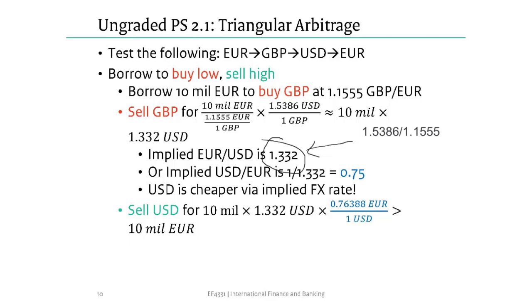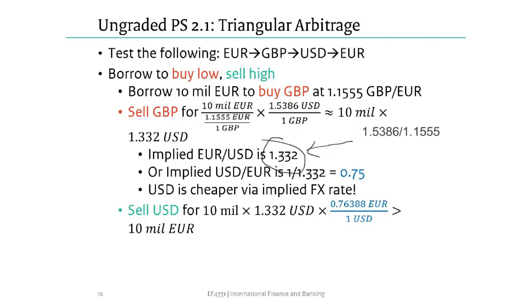The next step is going from pounds to USD. We can do that by selling pounds. It's a sale because it's a base currency, so we're selling it for US dollars at the price of 1.5386 USD per pound.